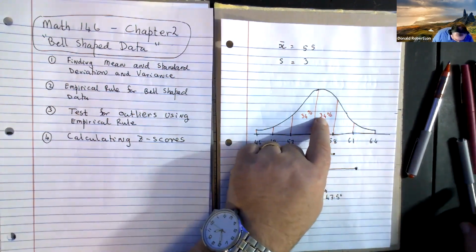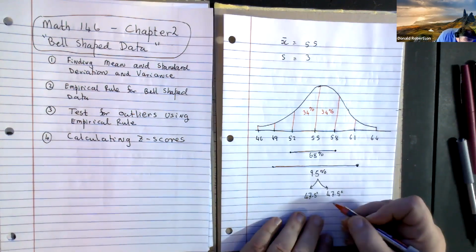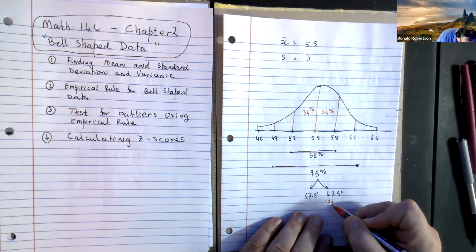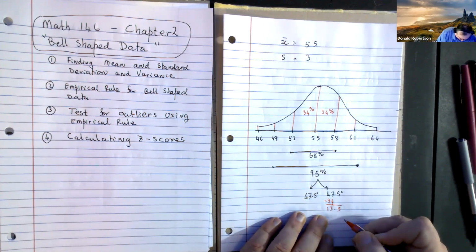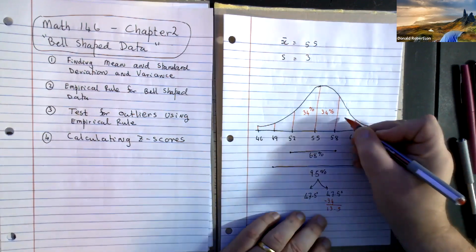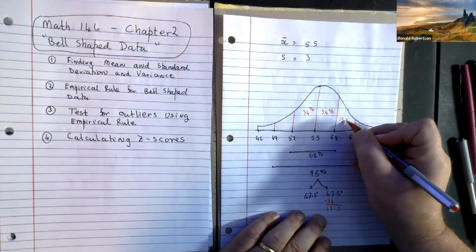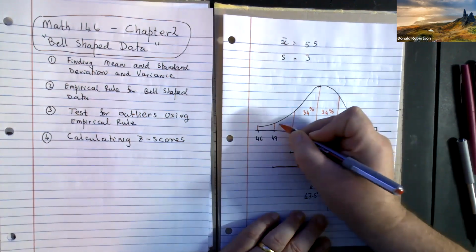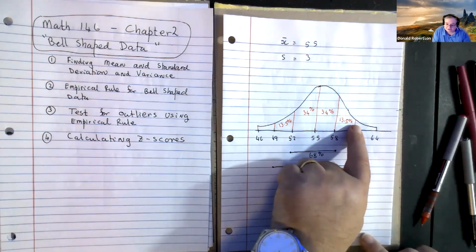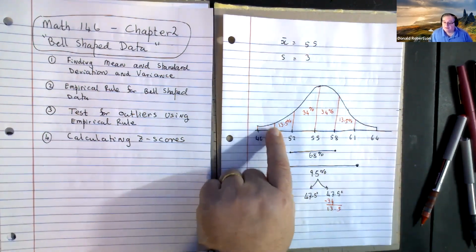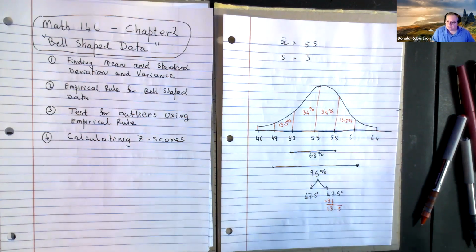Since this piece is already 34, if I take away 34 from 47.5, I've got 13.5% here, and 13.5% here.